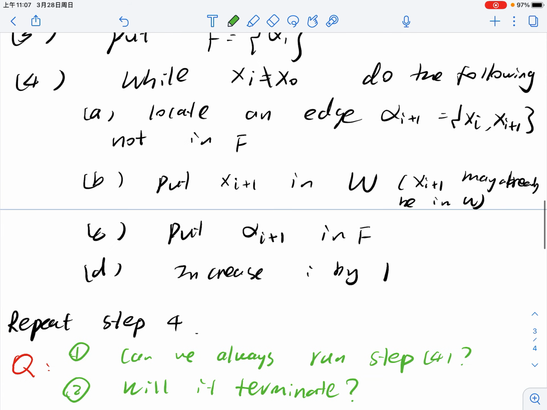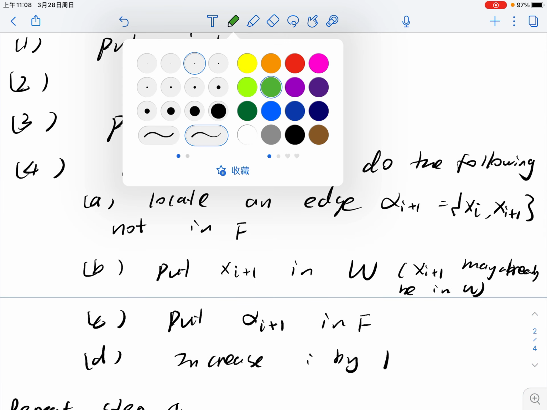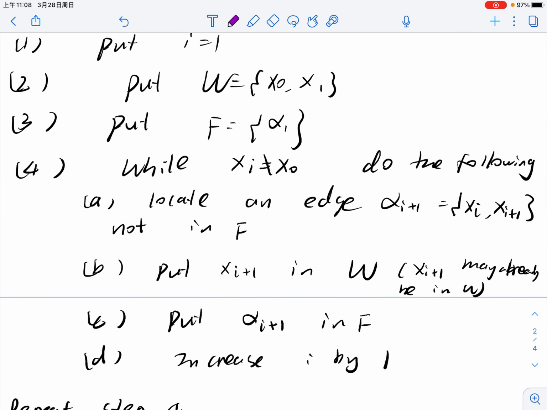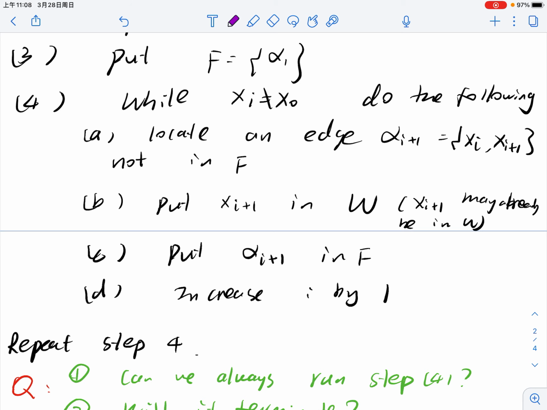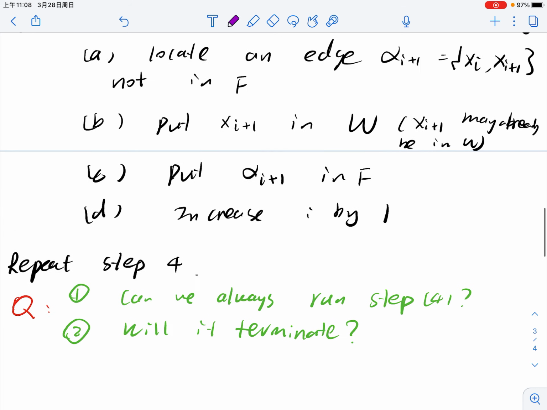And so look at question 1. So why is this true? Here the key step is 4a.